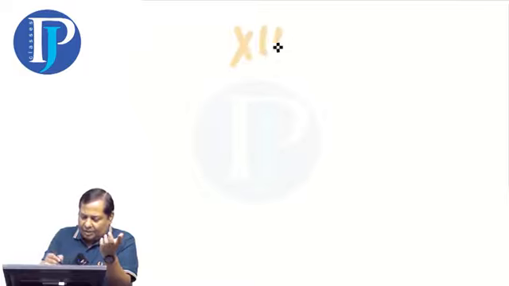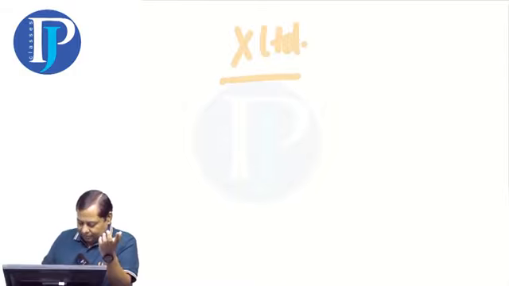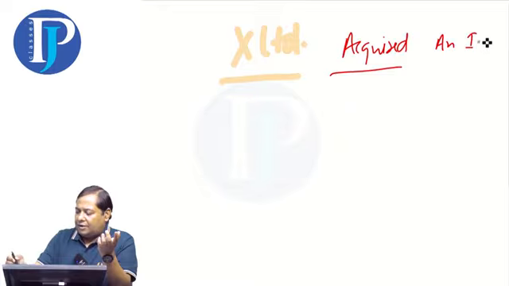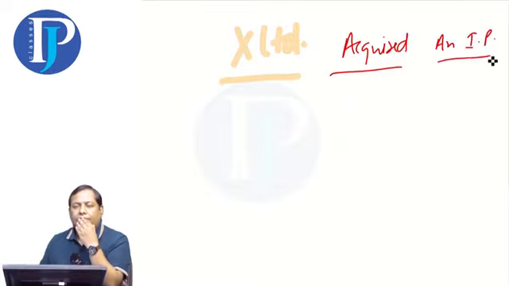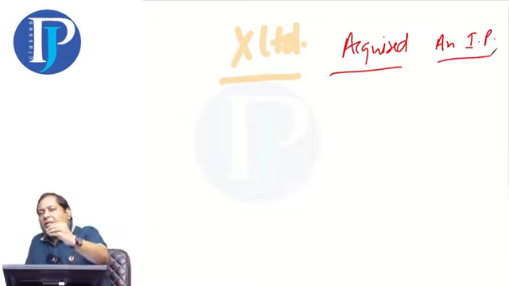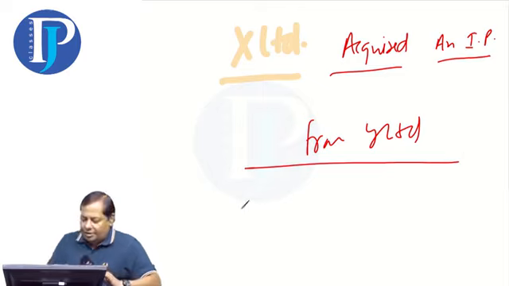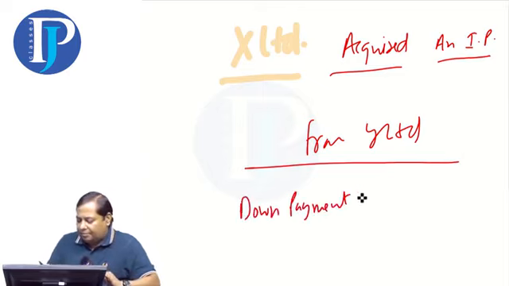There's a company called X Limited. And this company X has acquired an investment property. The company has acquired an investment property through a purchase agreement with Y. And they told this Y that the down payment I am providing is 50 lakh rupees. 50 lakhs.